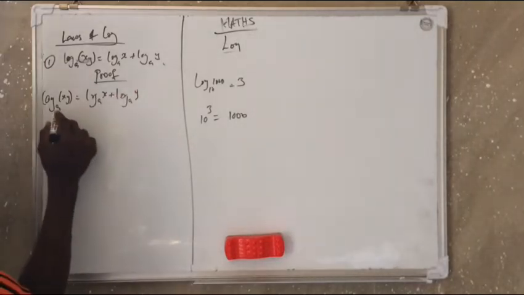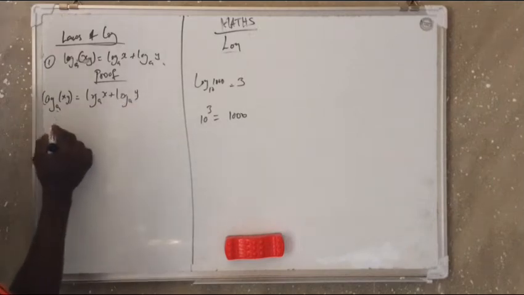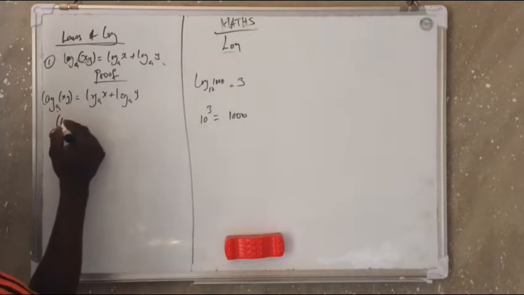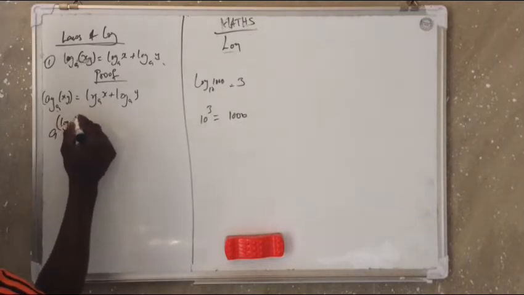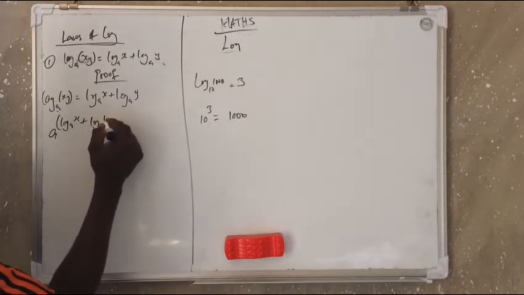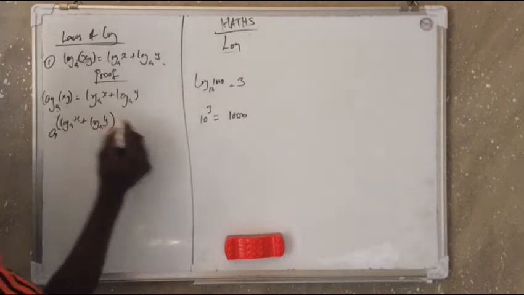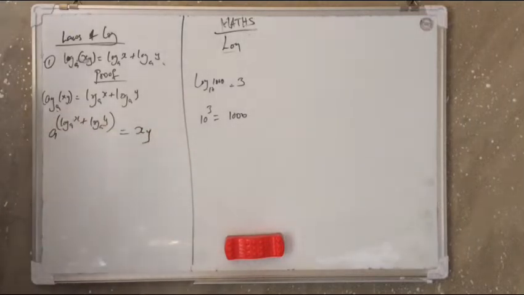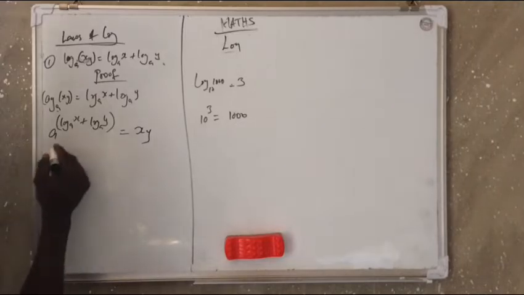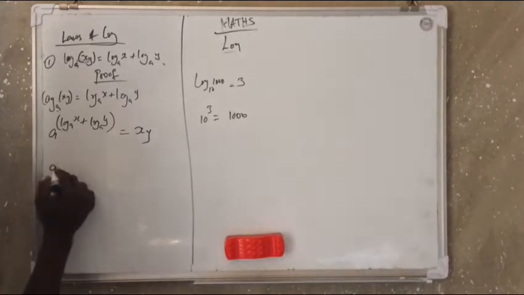Now when you raise a to the power log base a of x plus log base a of y, it is equal to xy. Let us check if the left hand side is equal to the right hand side. We will say that this is a.